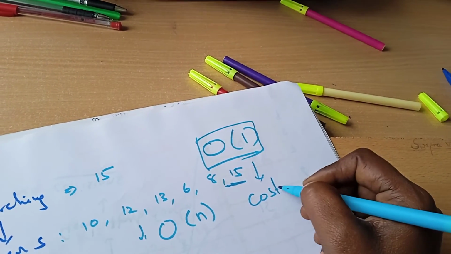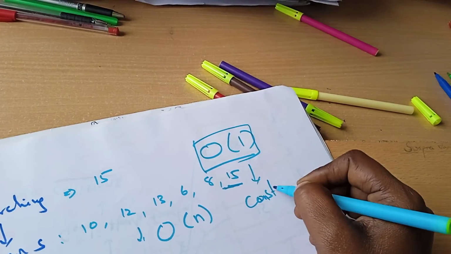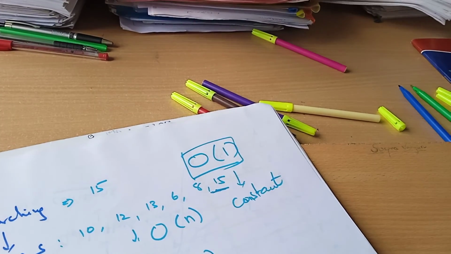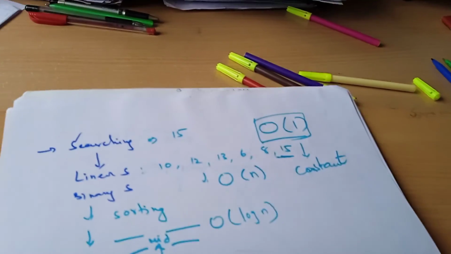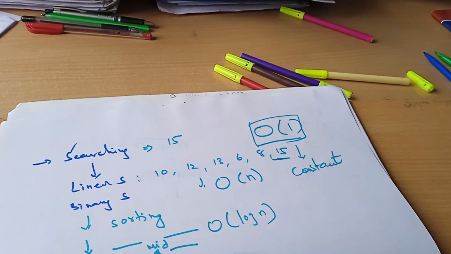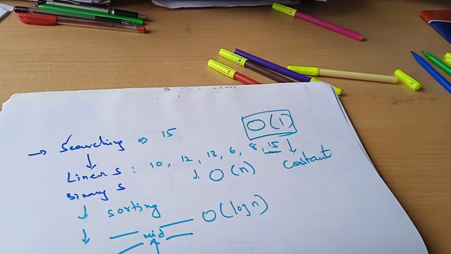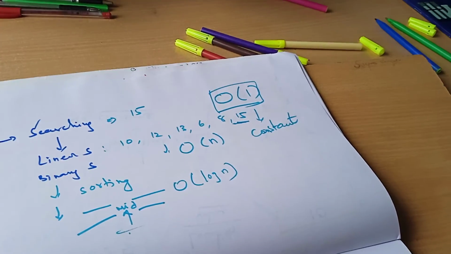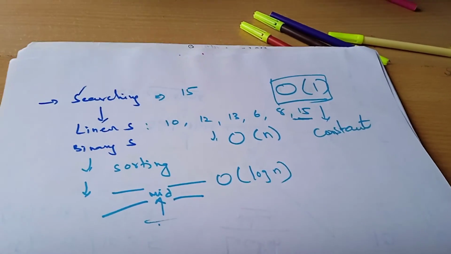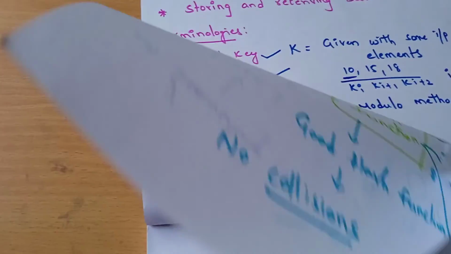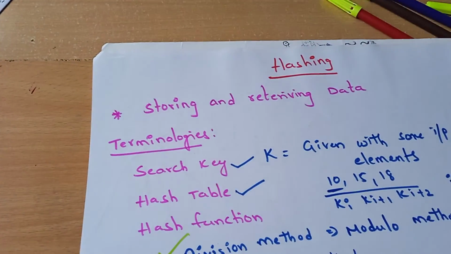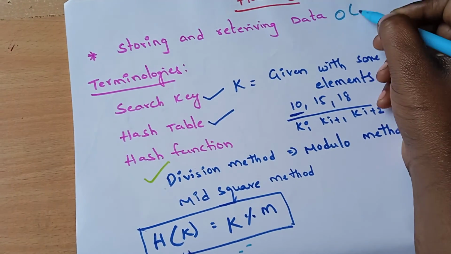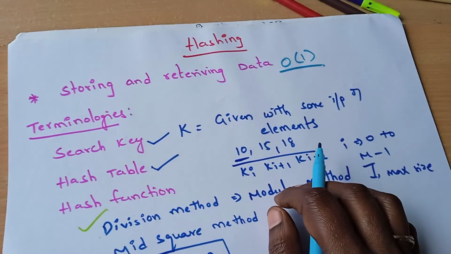It takes big O of 1 only, because we execute the hash function and, based upon that, we know the location where the element will be available. So that is the best use of hashing. Hashing is storing and retrieving data with big O of 1 complexity.